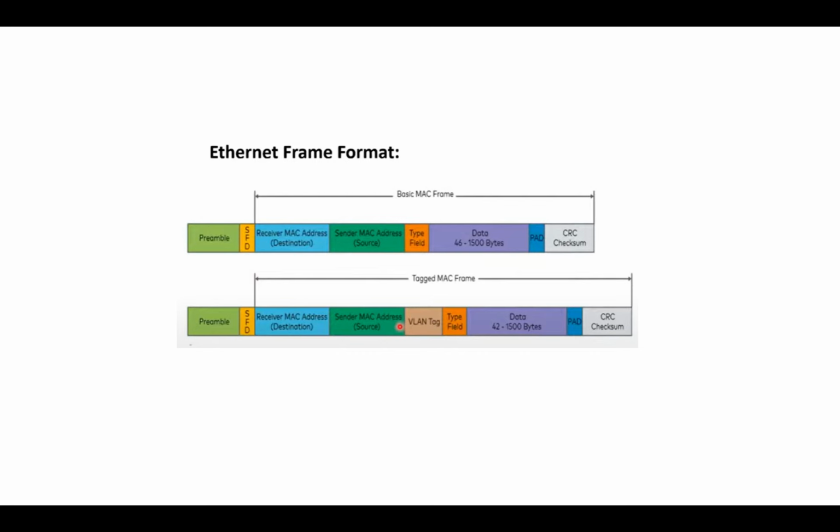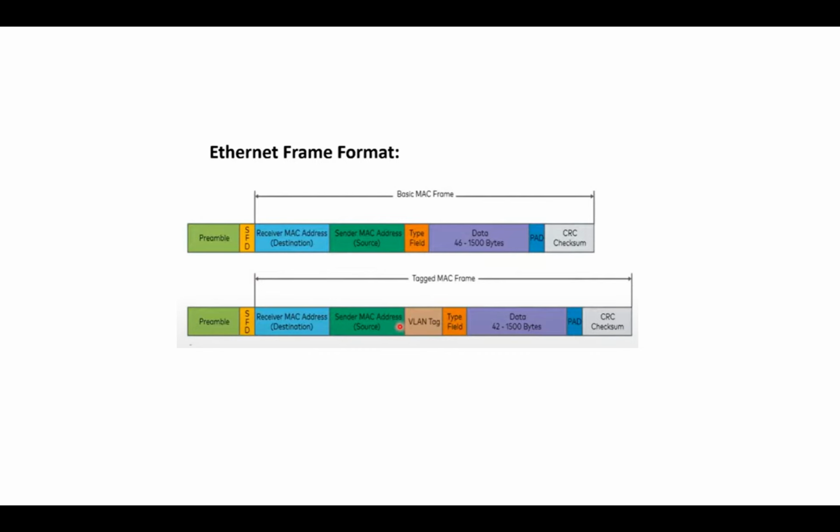The incoming frame from one ECU to the other would be indicated by the start of frame, followed by the receiver or destination MAC address, and again the source MAC address, the sender's MAC address, followed by the type field. This type field is used to indicate whether we are using the IPv4 or IPv6 protocol. This information would be encoded here.